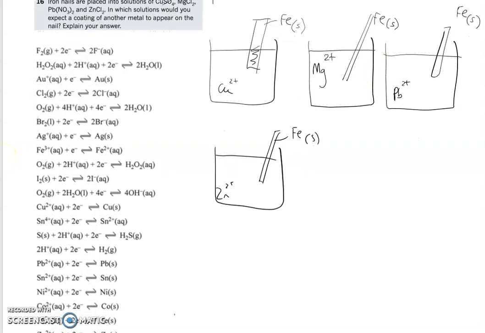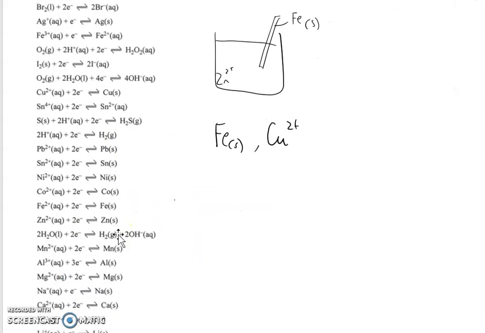So let's locate what we've got. So we've got iron nail and we've got copper ions, and this is what I'm considering first. Will there be a reaction? So where's my iron solid? It's here. So I'm going to highlight that reaction.